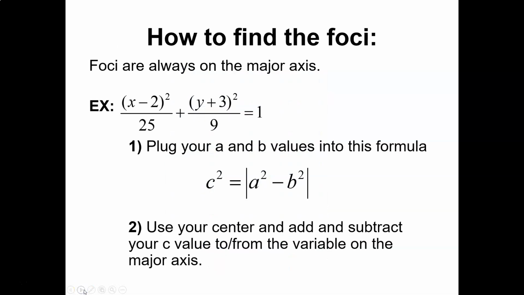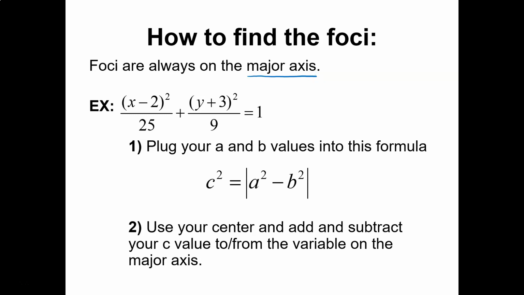Okay, so we sometimes need to find the foci of an ellipse. So I have this example here, and the way that we find the foci, first of all, they are always on the major axis.